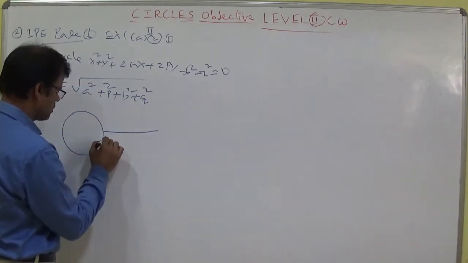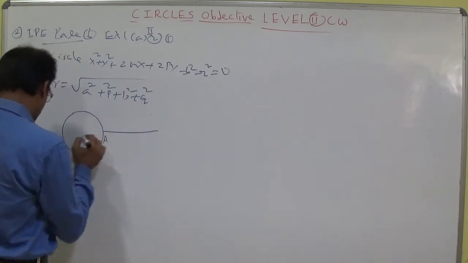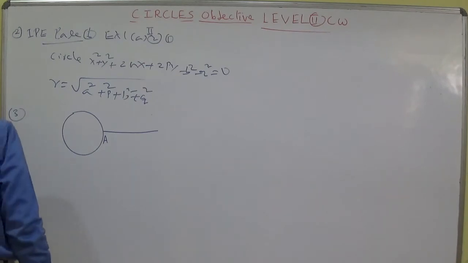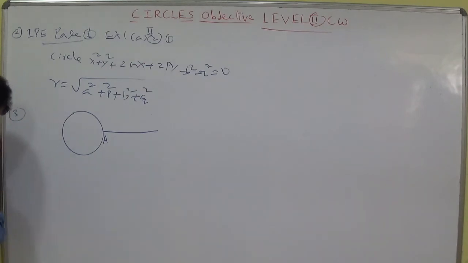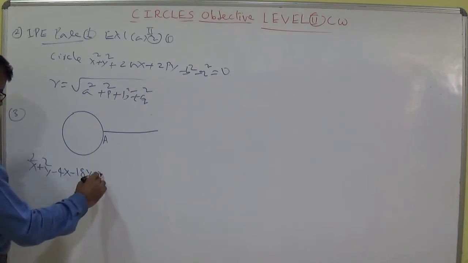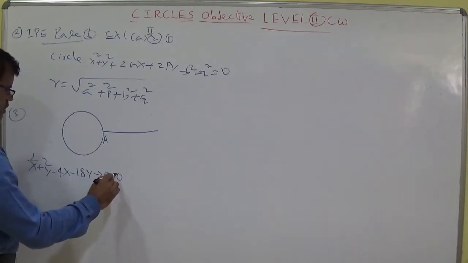This is A. The circle is x square plus y square minus 4x minus 18y minus 29 equal to 0.